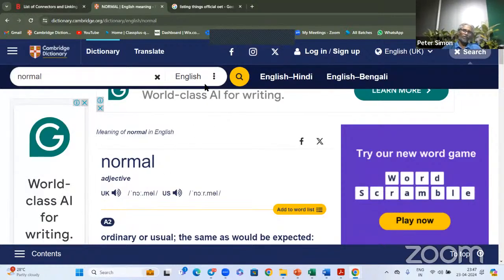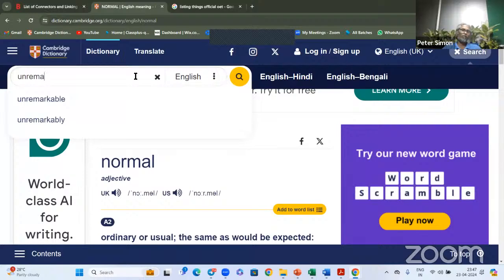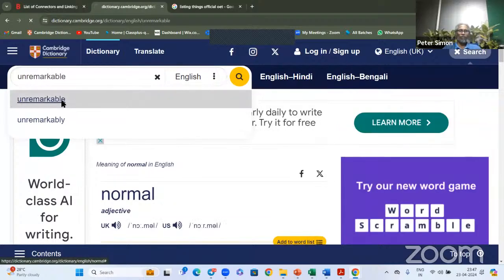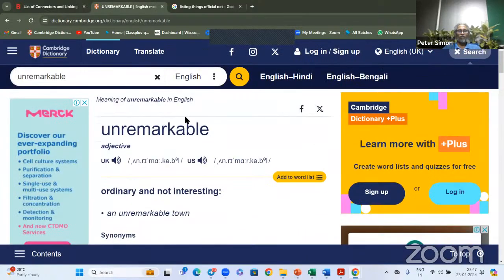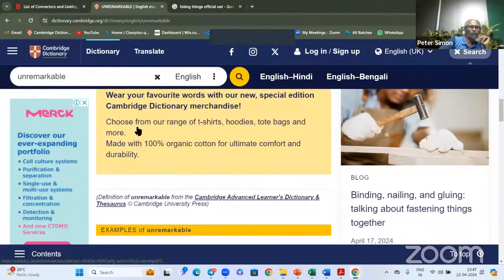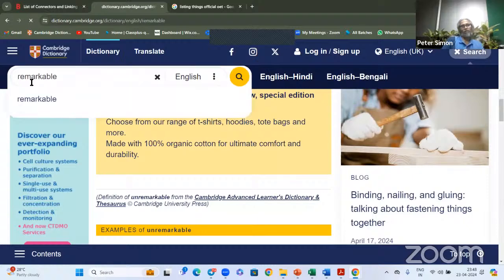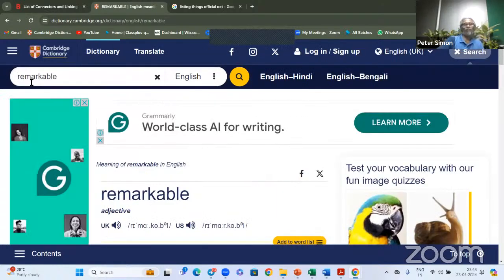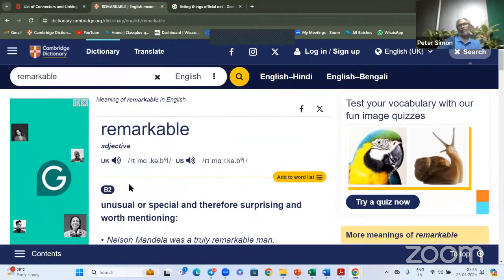Okay. So now let us take the special word unremarkable. Unremarkable is the opposite of remarkable. Remarkable is B2 vocabulary, better than that.